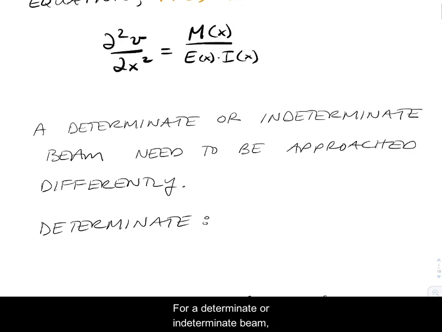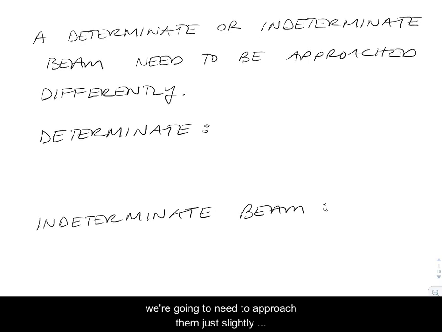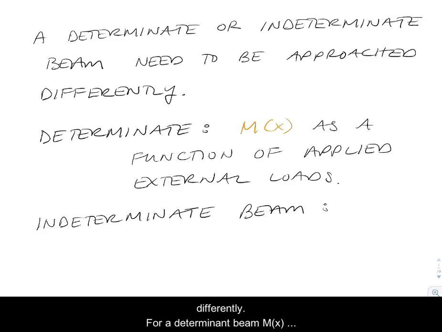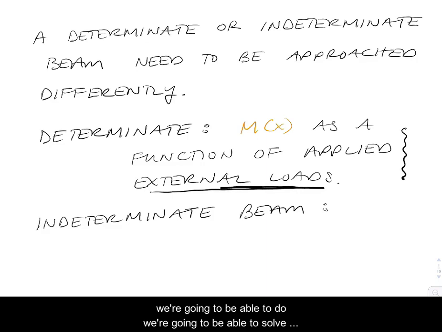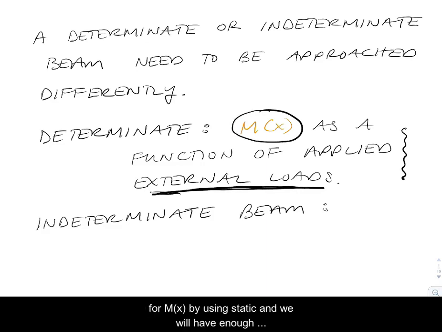For a determinate or indeterminate beam, we're going to need to approach them just slightly differently. For a determinate beam, m of x is going to be a function of the applied external loads, and we're going to be able to solve for m of x by using statics, since we will have enough equations to solve for all the unknowns.